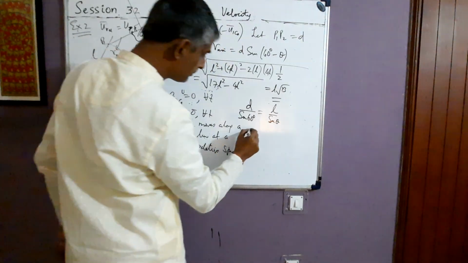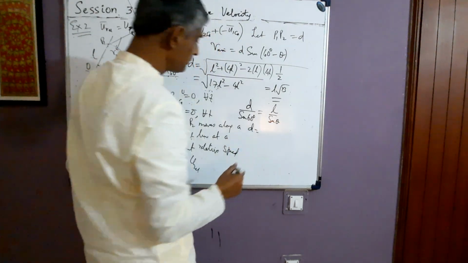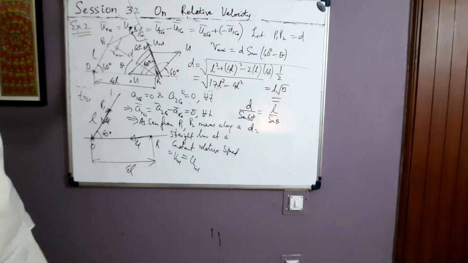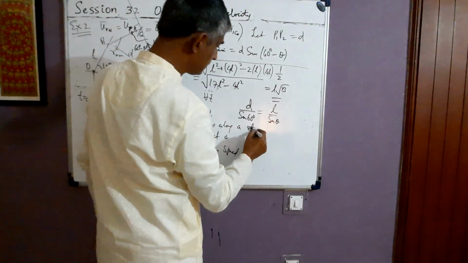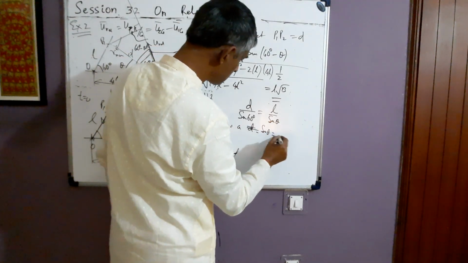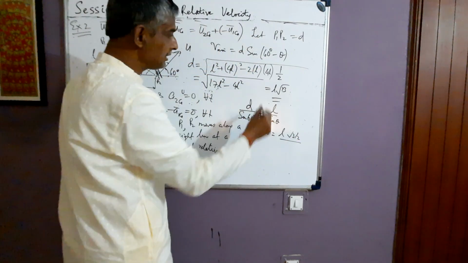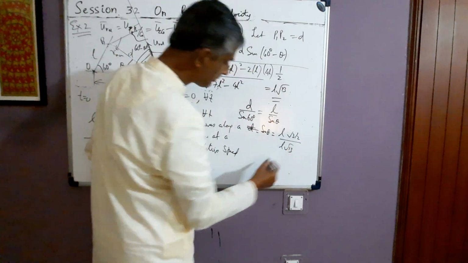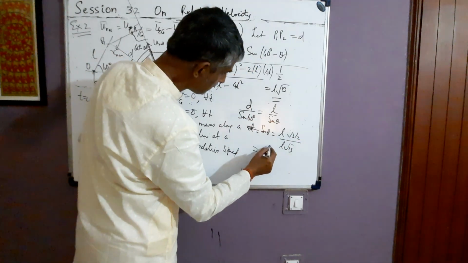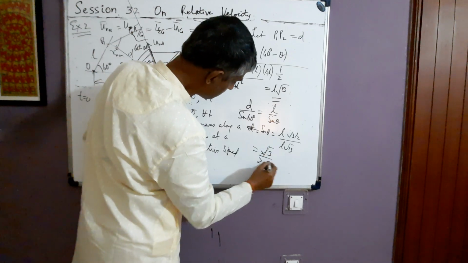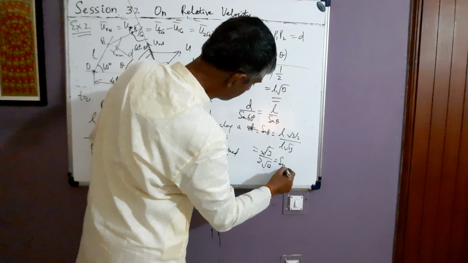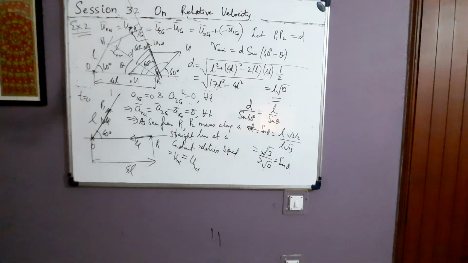So sine theta becomes L sine 60, root 3 by 2, divided by D. D is L root 13. So this becomes root 3 by 2 root 13. This is sine theta.